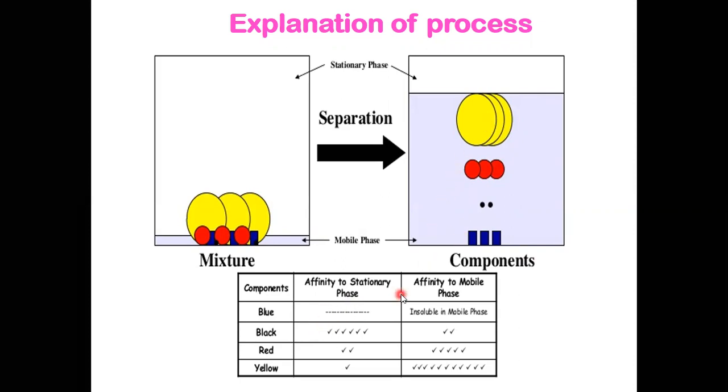You can see the affinity of different compounds with respect to the stationary phase and the mobile phase at the bottom, given in the table. Remember, particles that move the most with the mobile phase have the least interaction with the stationary phase, and particles which move the least with the mobile phase have strong interaction with the stationary phase.